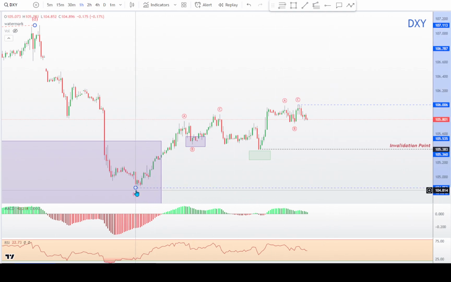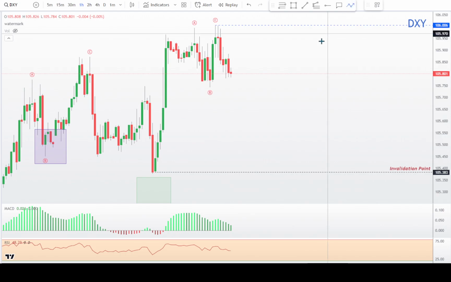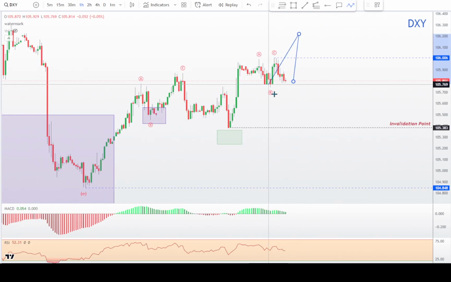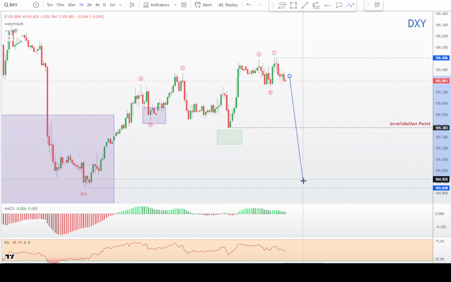So for now, I'm going to leave it here until we get a confirmation that it is coming down. Because if they quickly reverse here and get real strong, maybe this third wave just isn't done yet. I'm just looking at it right now. We're either in the middle of the third, or this isn't a third, and it's just a WXY, and they're going to come all the way down here.